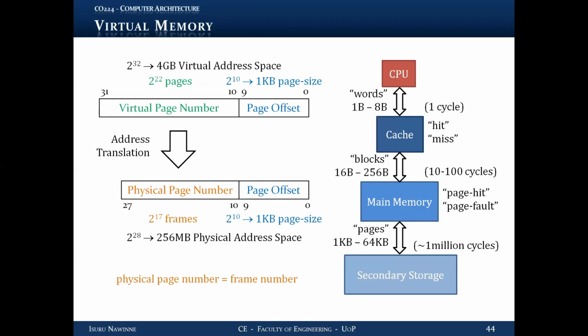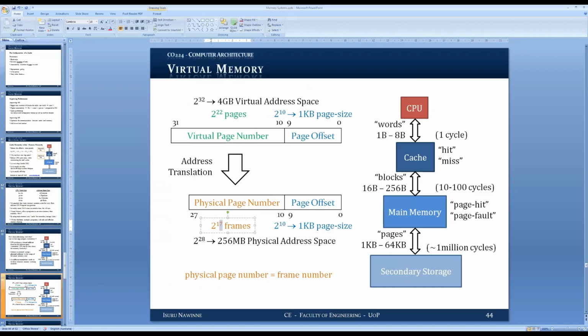And out of that 28 bits, the least significant 10 bits are the page offset. The remaining 18 bits are called the physical page number. Sometimes we call this the frame number. So we say the memory contains 2 to the power 18 frames as well.